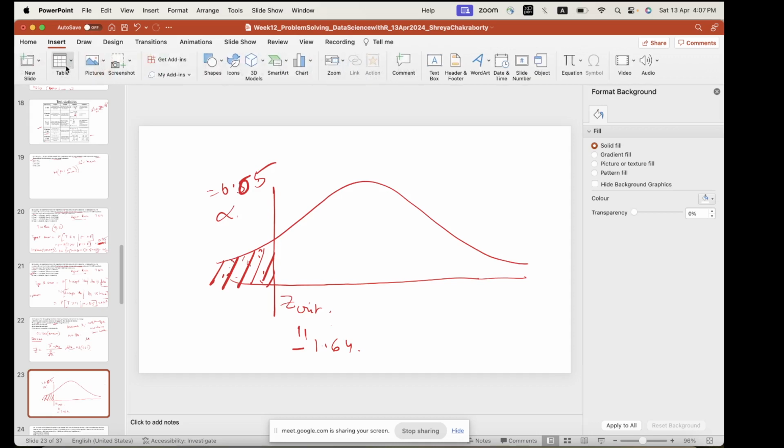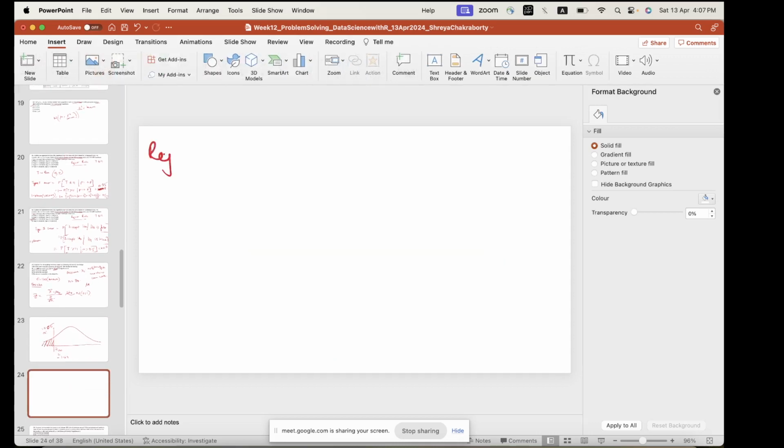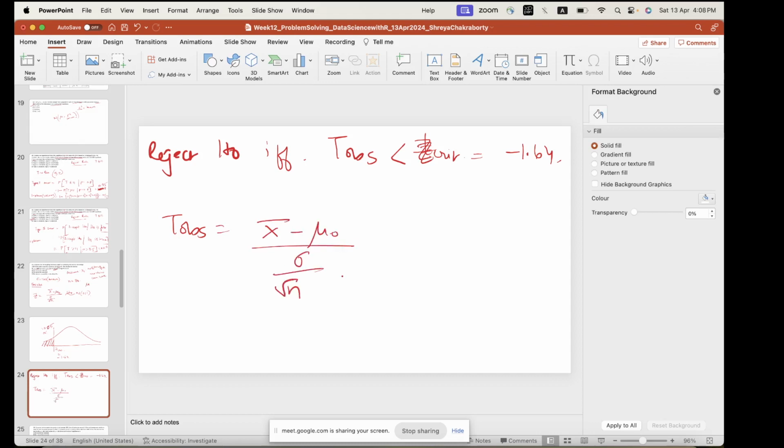So here our rule is, we'll reject H naught if and only if T observed is less than T critical, or rather, Z critical, which is minus 1.64. Now let us calculate T observed. T observed is how much? X bar minus mu naught by sigma by root n.